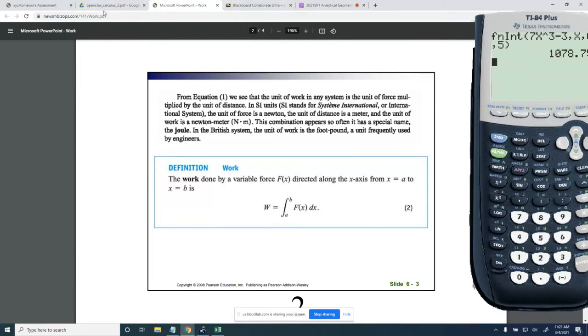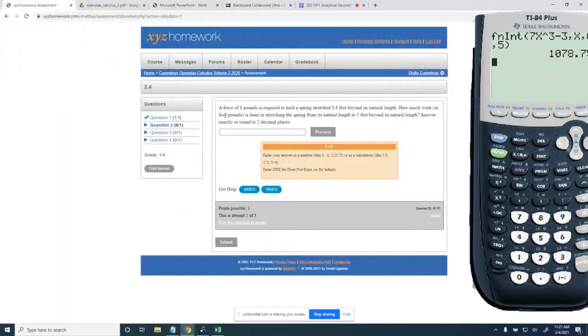All right, so if we go back to our problem, we have that a force of 1 pound is required to stretch a spring 4/10 of a foot beyond its natural length. How much work in foot-pounds is done by stretching the spring from its natural length to 1 foot beyond its natural length?